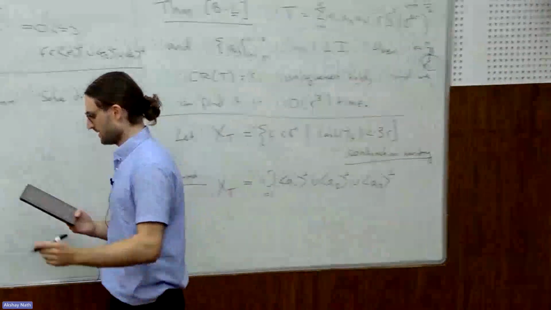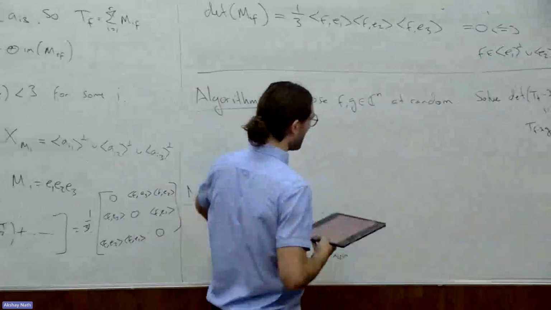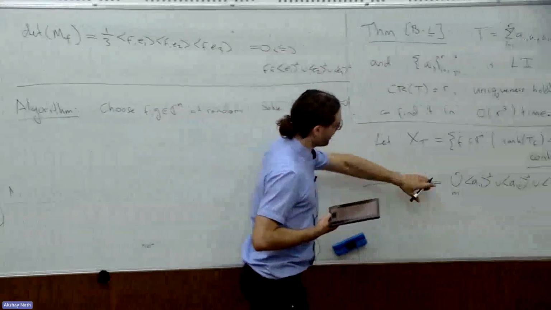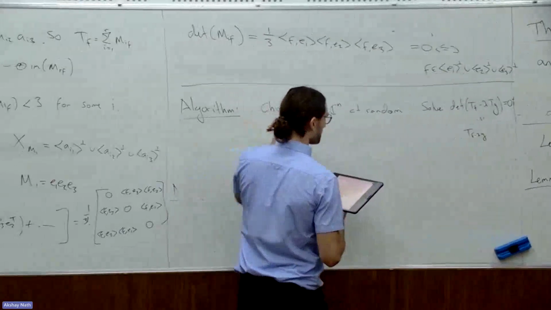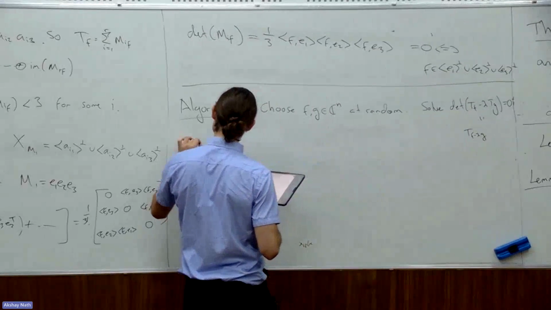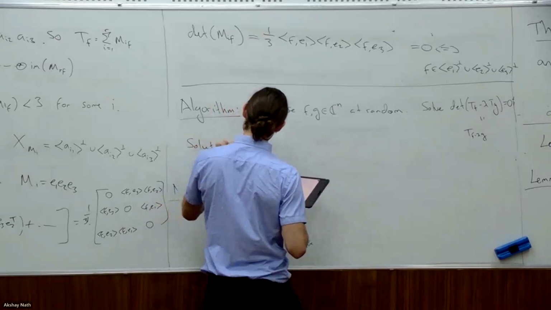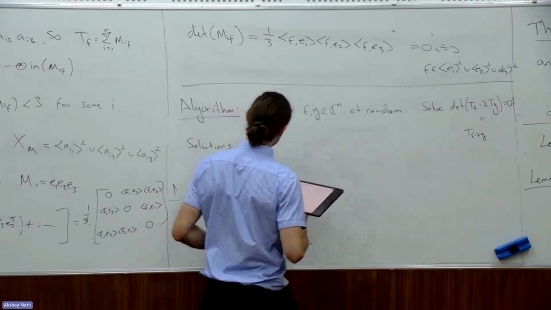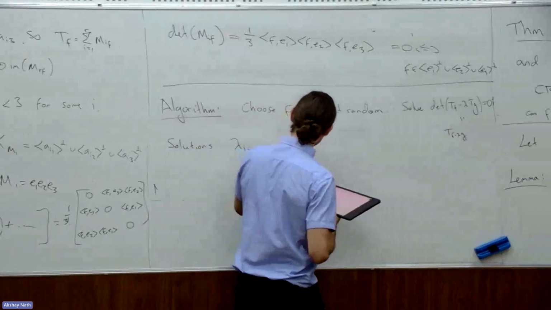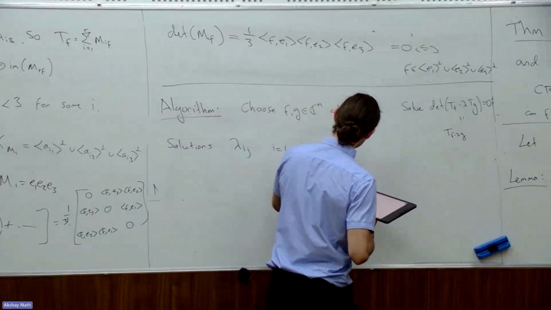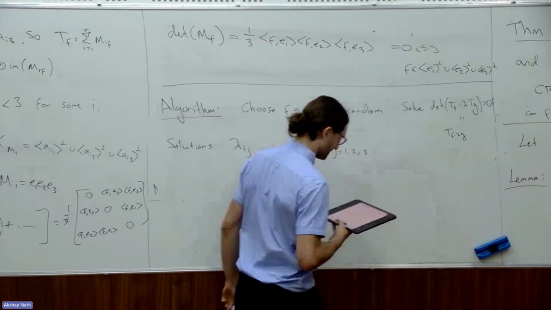Okay, so we're going to get 3R solutions corresponding to these. So we get solutions lambda ij, which I'm going to index by i and j, where i is 1 to n, and j is 1, 2, or 3.